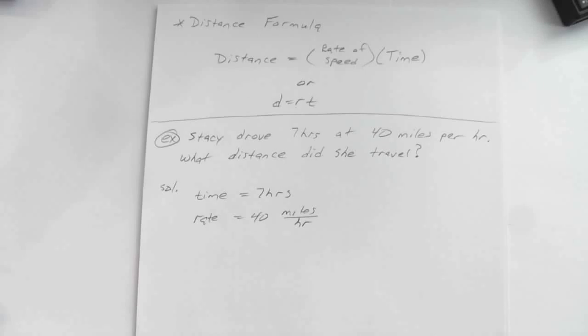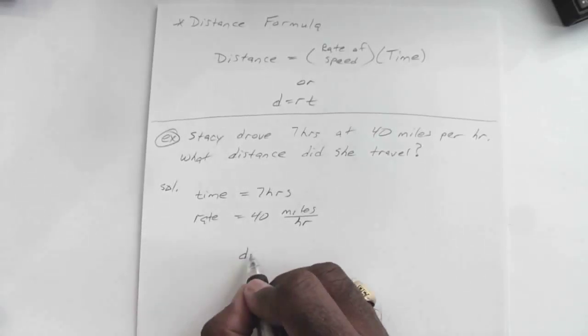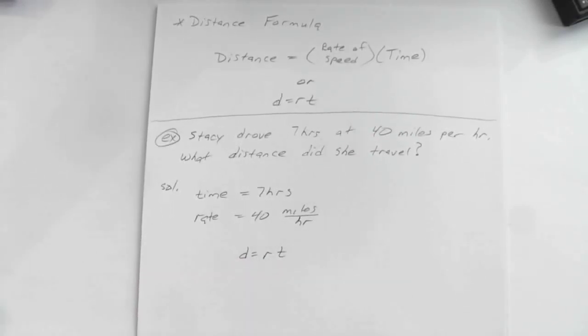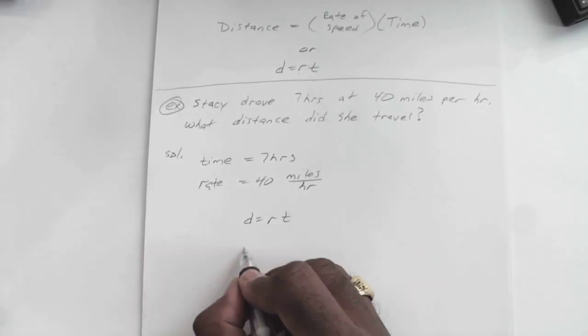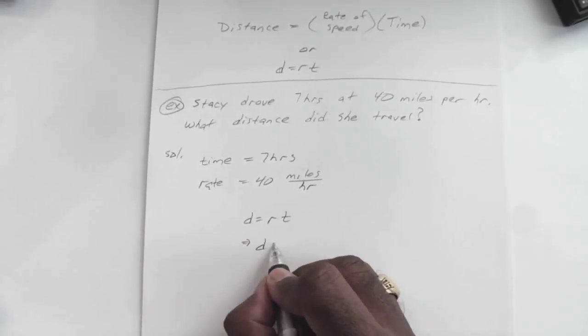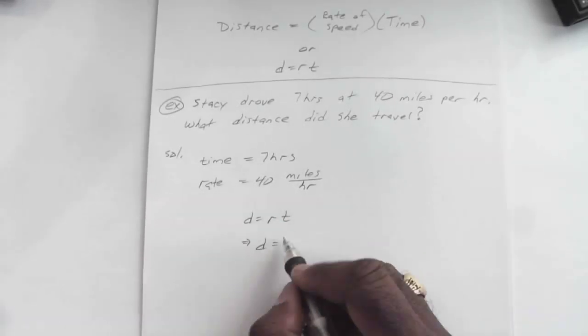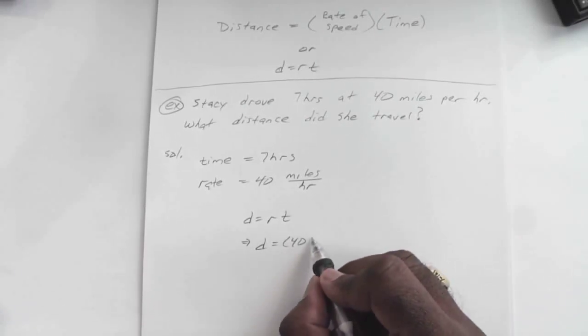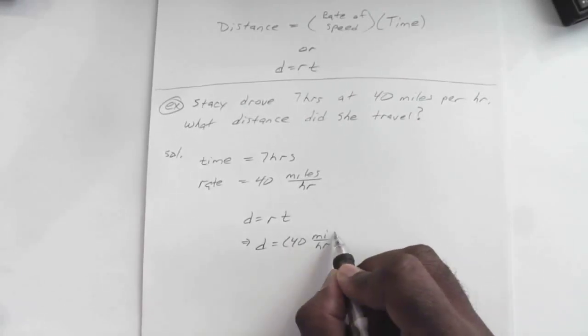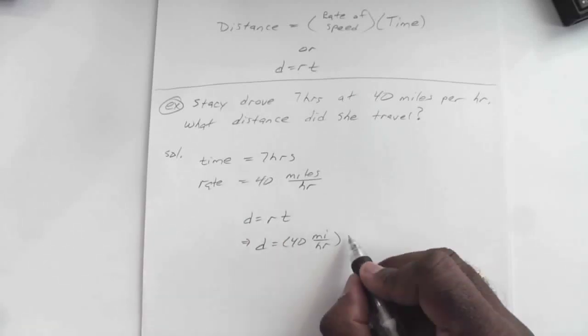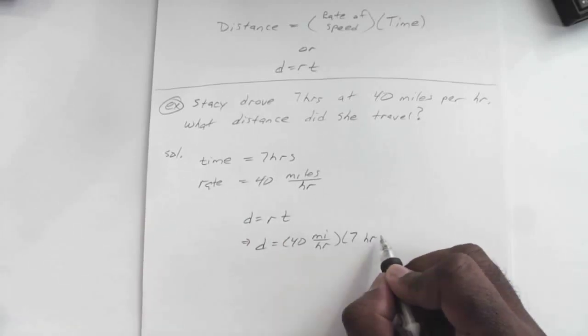There we go. So we know if our distance is equal to the rate times time, then that means our distance is equal to our rate, which is 40 miles per hour, times our time, which is 7 hours.